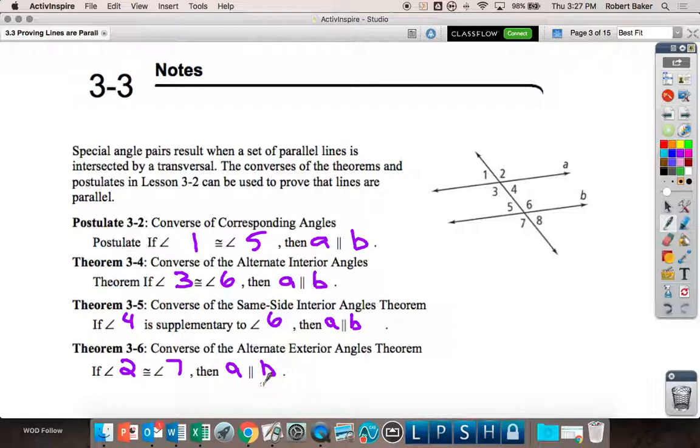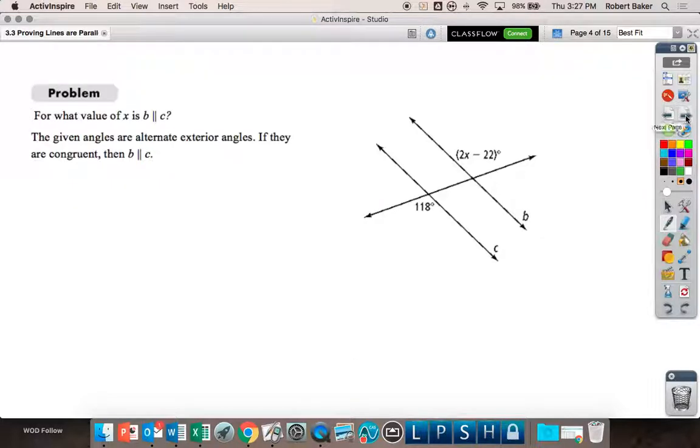So your sole purpose in life today is to determine if lines are parallel, or to force lines to be parallel. That's your whole job today. So you'll see a question like this. It says, for what value of x are those two lines parallel?